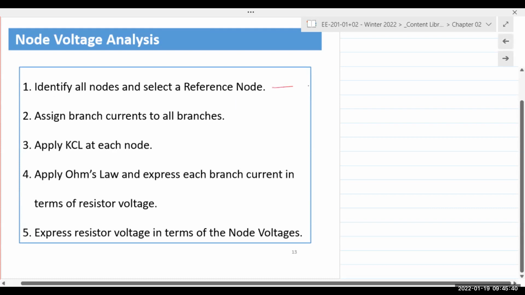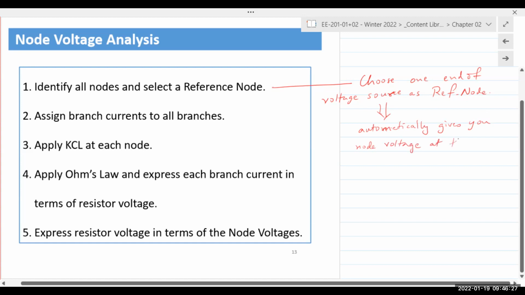More often than not, if you have a voltage source, choose one end of the voltage source as your reference node. That automatically gives you the node voltage at the other end of the source.